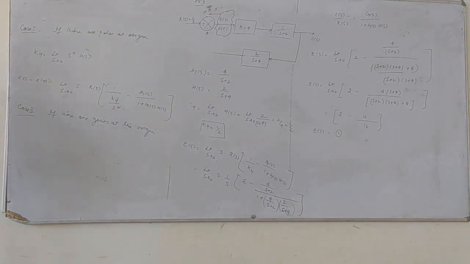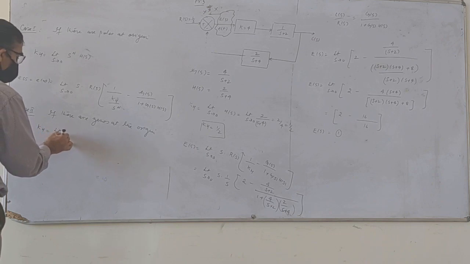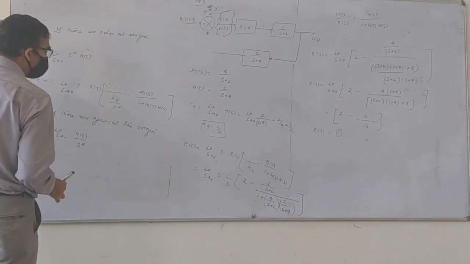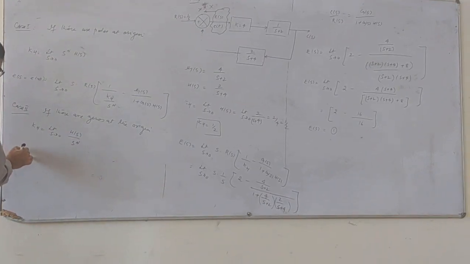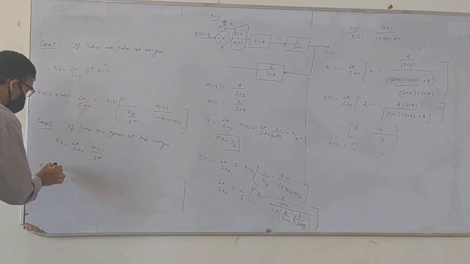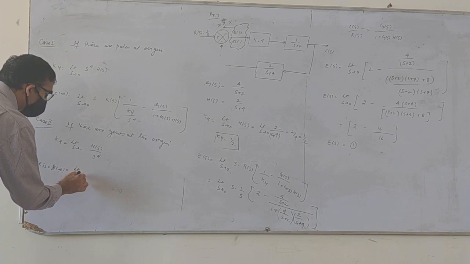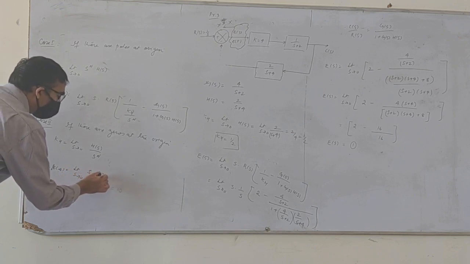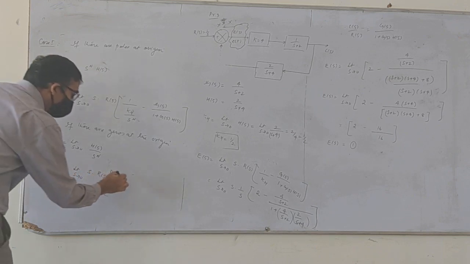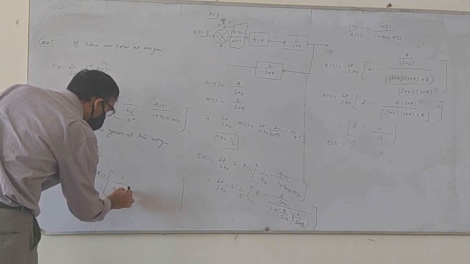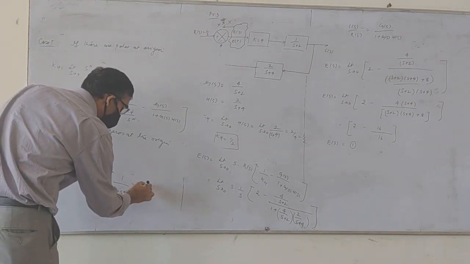In that case K_H should be the limit as s tends to 0 of H(s) divided by s raised to the power n. Then the steady state error will get amended to the limit as s tends to 0 of s R(s), multiplied now by K_H s raised to the power n minus n.